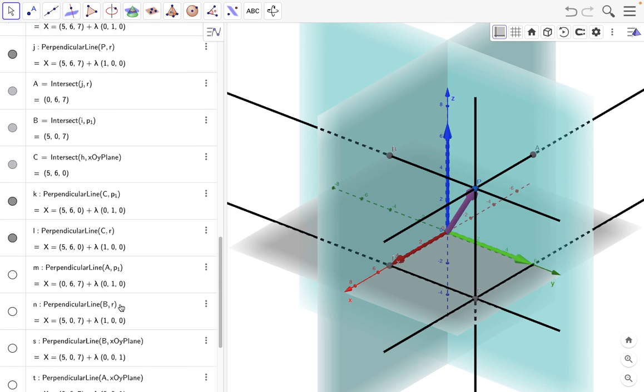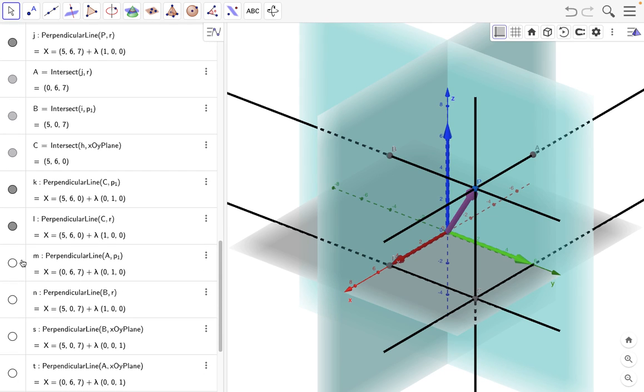Next, we drop a perpendicular here. We have just connected this point to C to show that from this point we have dropped a perpendicular here, and again from this point we have dropped a perpendicular on this plane, and we have seen that they are intersecting here.